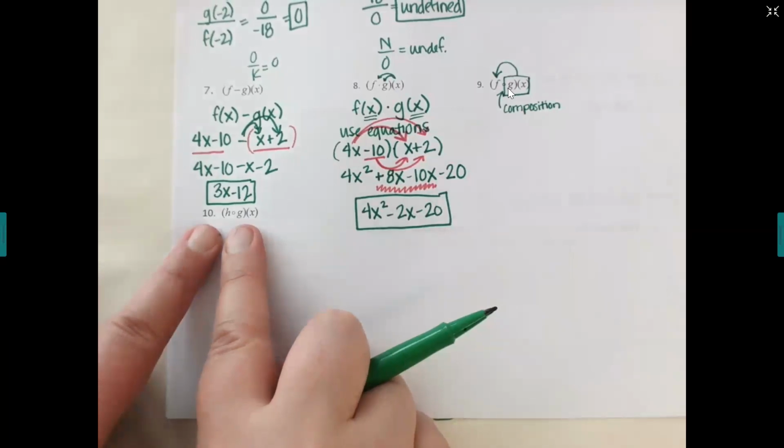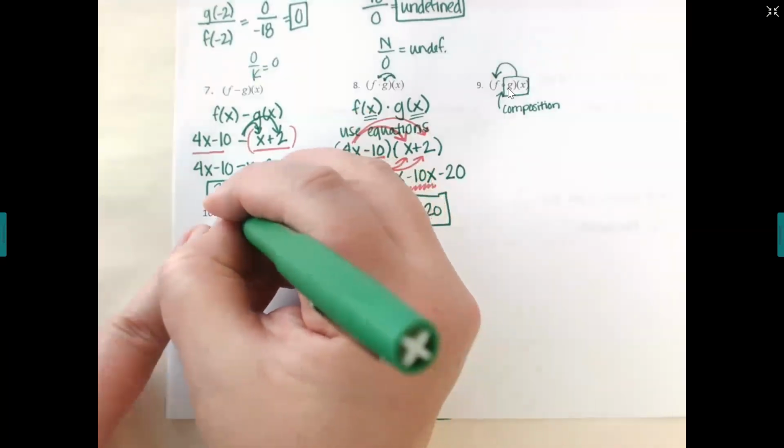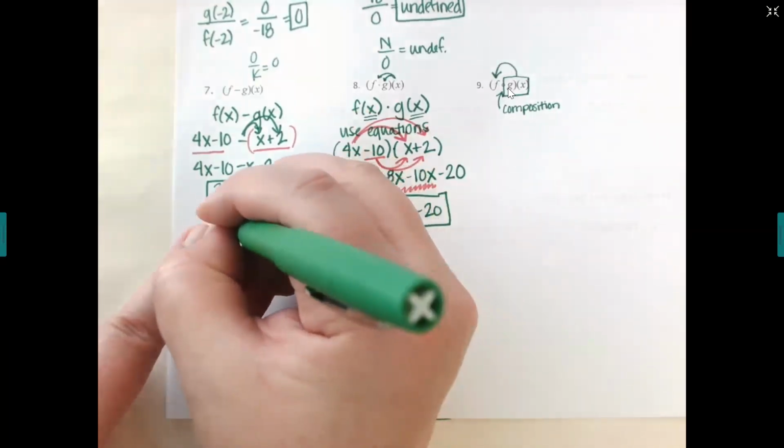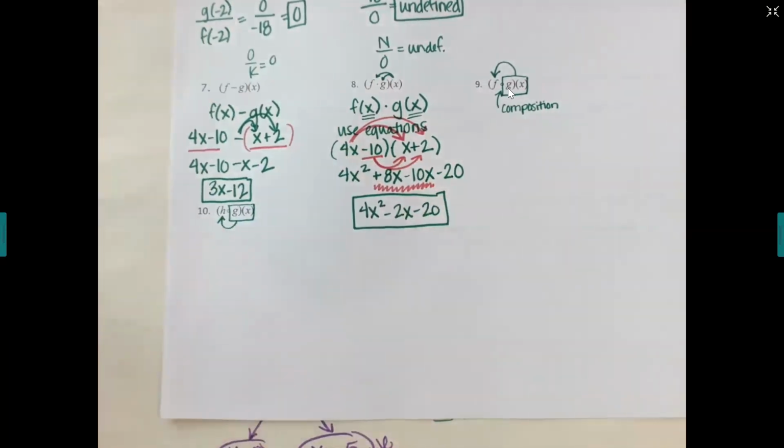So for number 10, what am I plugging the G formula into? H. So can you read me the H formula? Look up at the top. X squared minus 10x minus 8. How many x's are there? There's an x squared and a 10x.